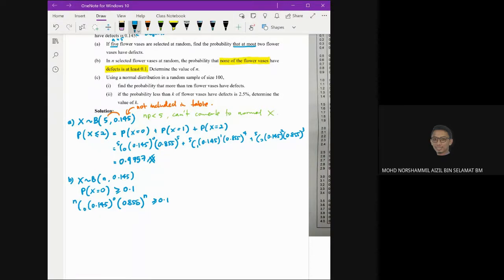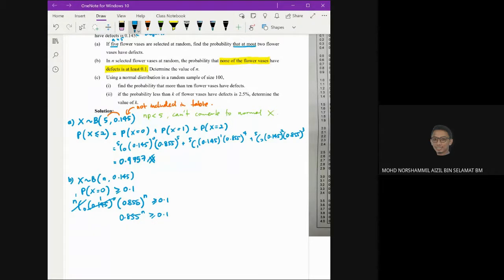Boleh, sir. Guys, anything power of 0 is 1, C0 is 1 as well. So maksudnya 1 times this one. So we have 0.855 power of n greater than or equals to 0.1 je. Dapat? Boleh?